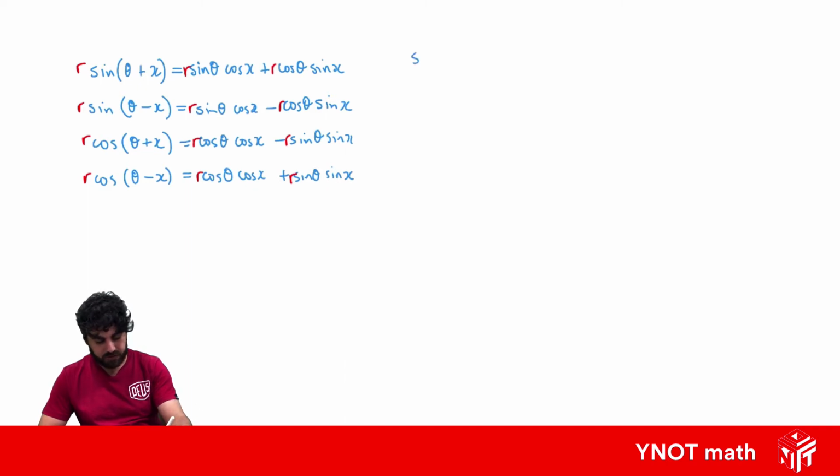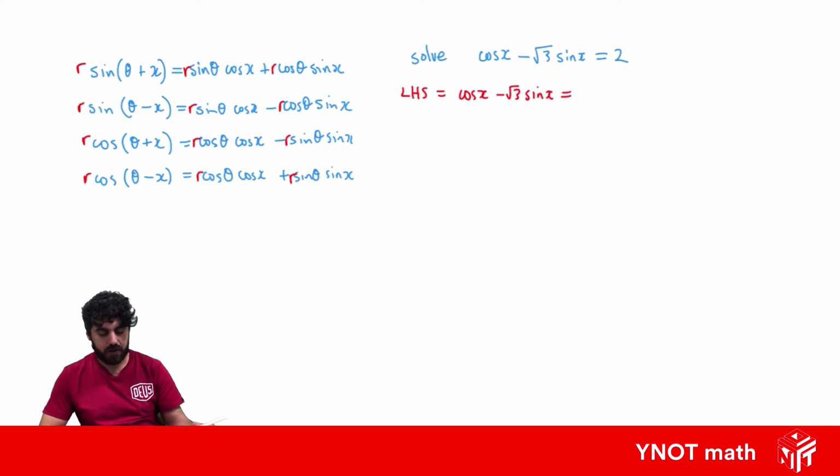So we're going to need to solve cos x minus root 3 sine x equals 2. And the way we're going to do this, we're going to take our left-hand side, which is cos x minus root 3 sine x, and make it equal to one of these equations.